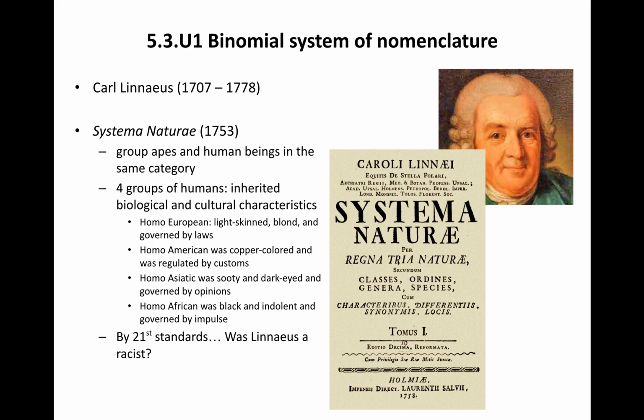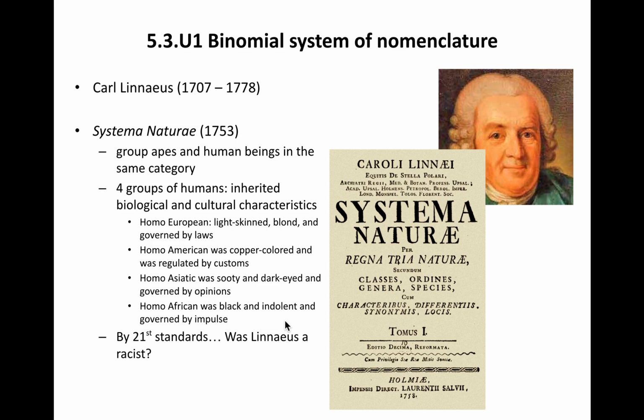So, based on our 21st century standards, Linnaeus was definitely a racist, but at that time, during the social context that was occurring, it wasn't looked at as so, and not really thought as disgusting that you would put that type of grouping of people together.